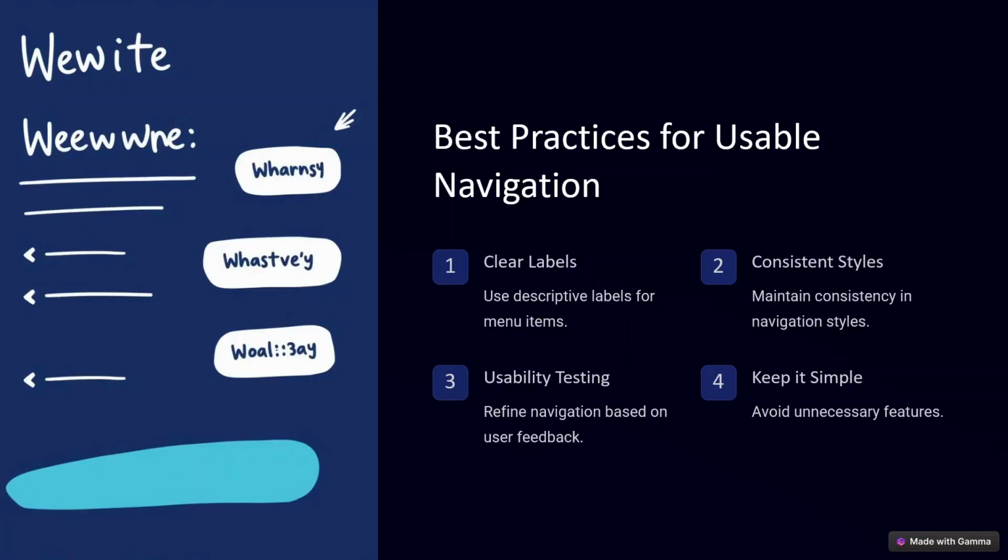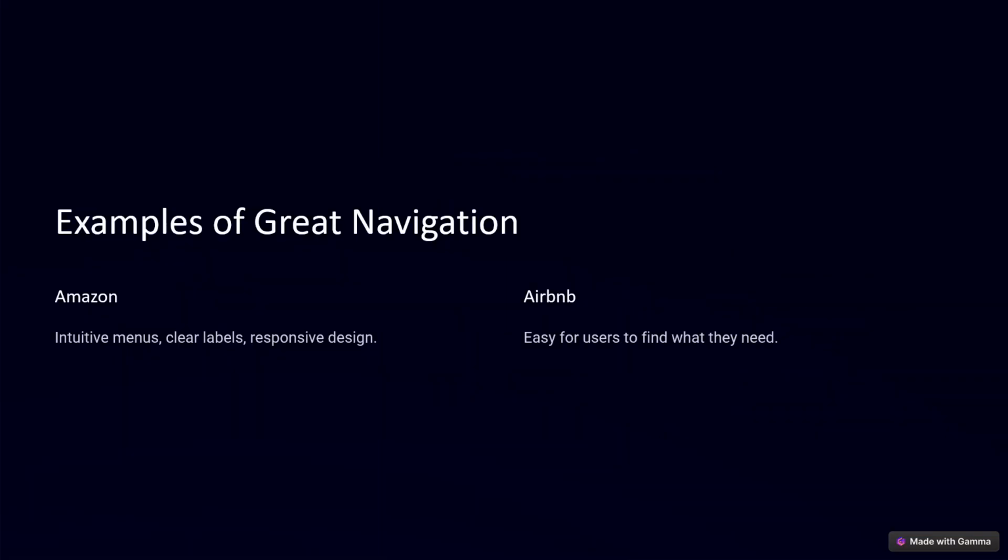You do not have to include multiple things at once. Some great examples of navigation systems are Amazon, whose UX key parts are intuitive menus, clear labels, and responsive design. Another is Airbnb, which makes it easy for users to find what they need, like ticket bookings or hotel bookings.